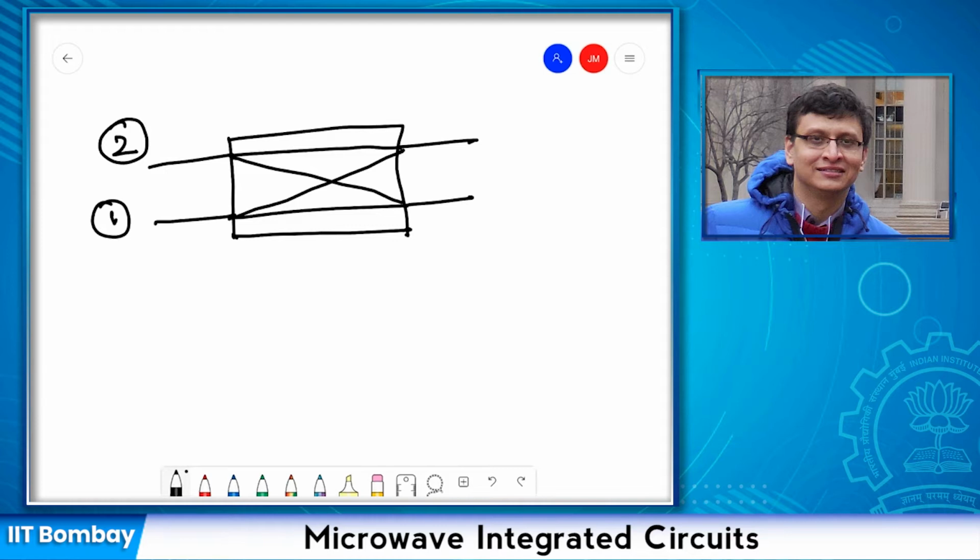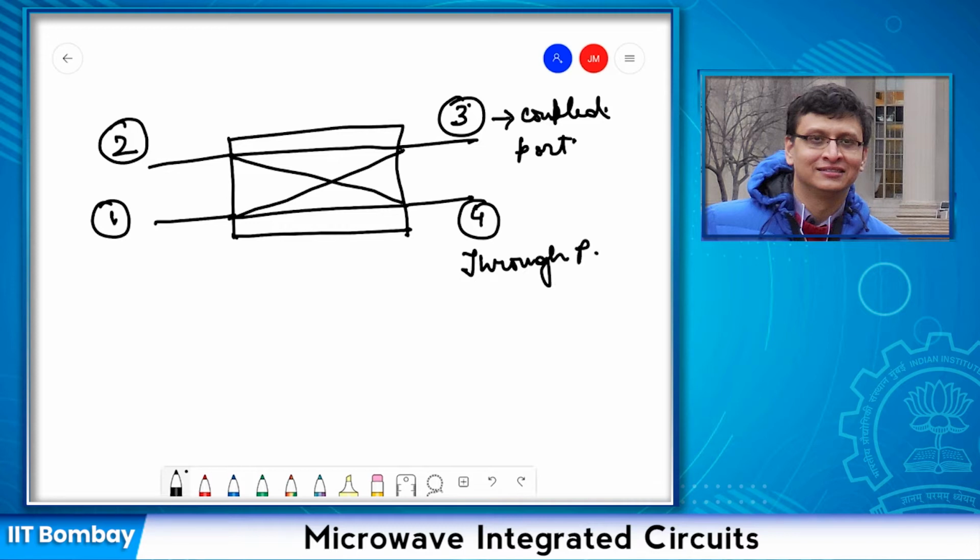The numbering has a significance when we talk about a coupler. This is called the coupled port. This is called the through port. This is the input port, and this is the isolated port.